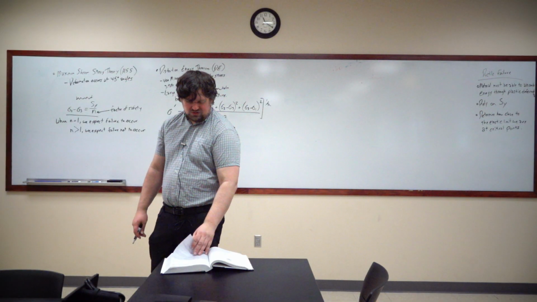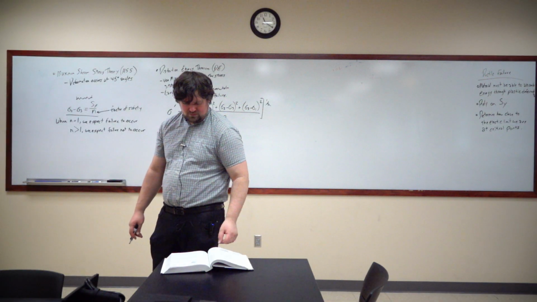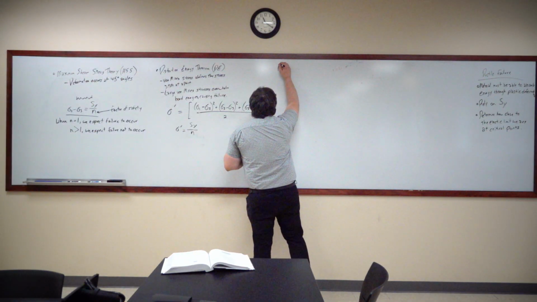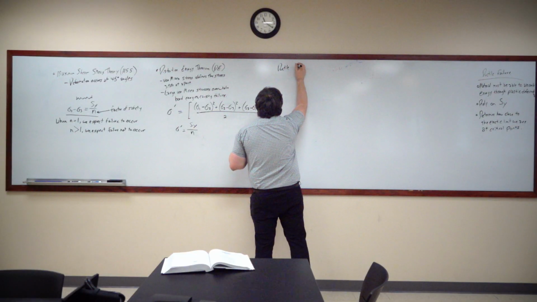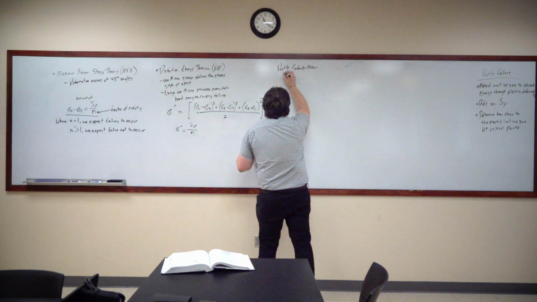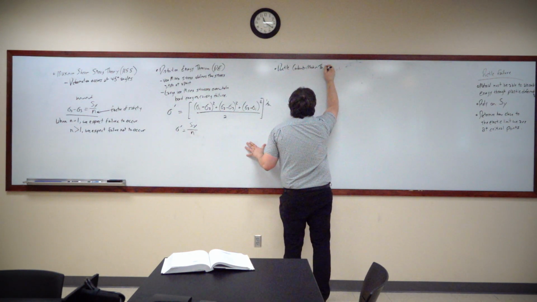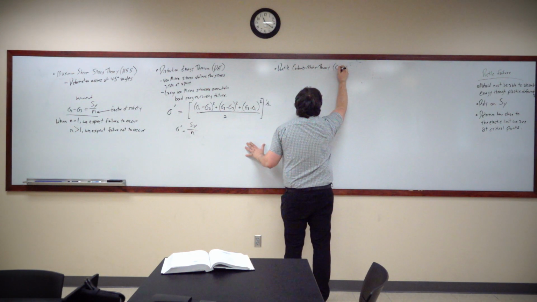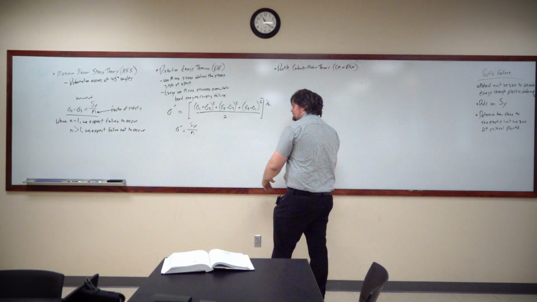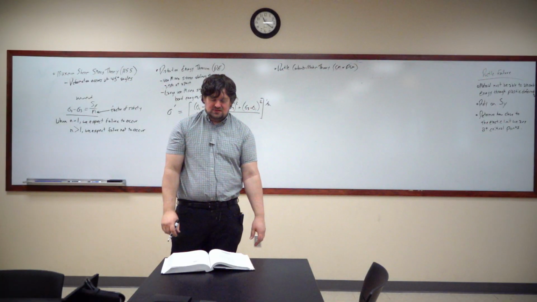I think it's ductile Coulomb-Mohr. Okay, and this is either called CM or DCM. I don't remember which one our textbook uses.